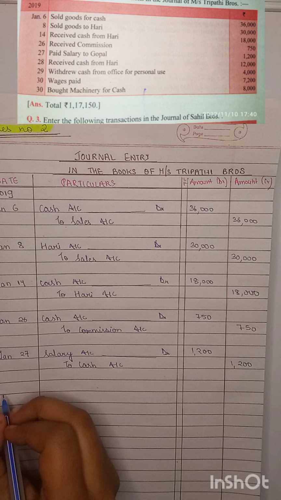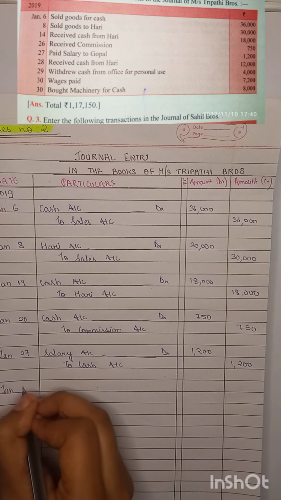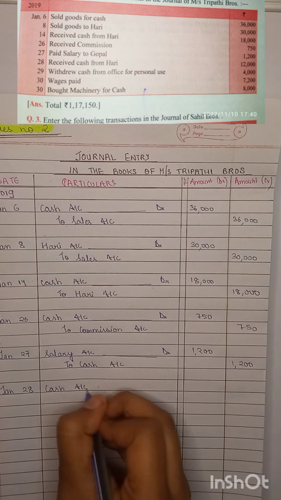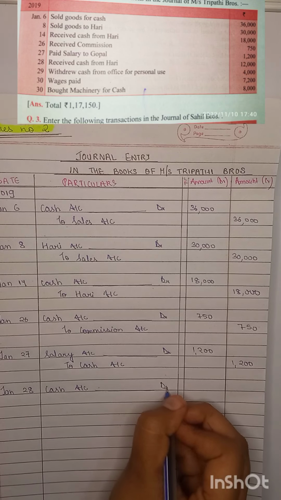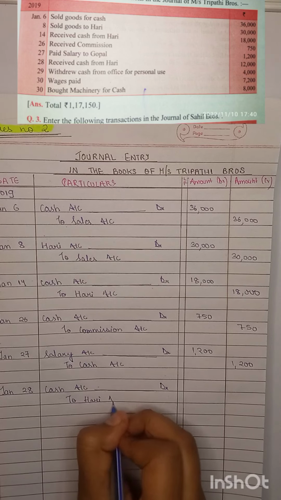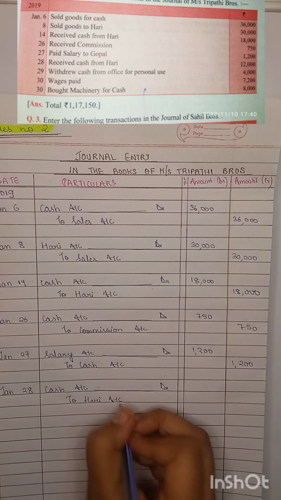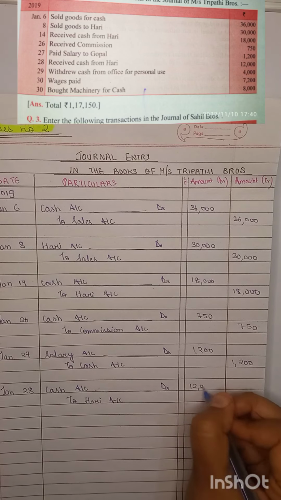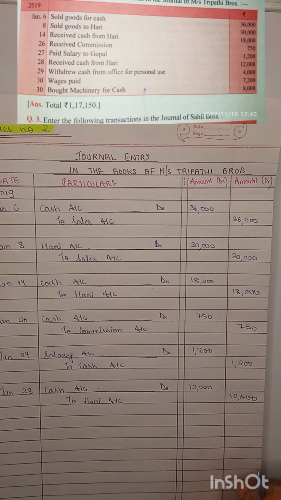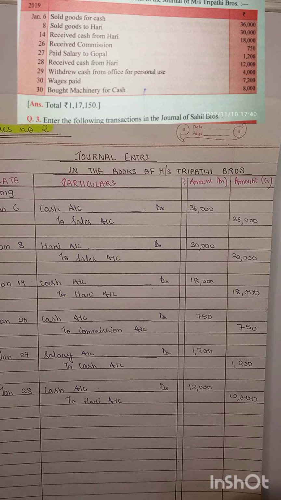Next, received cash from Hari. Our entry will be cash account debit to Hari account. Rupees 12,000. January 29, withdraw cash from office for personal use.